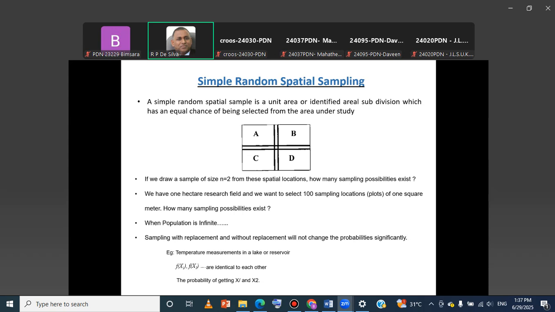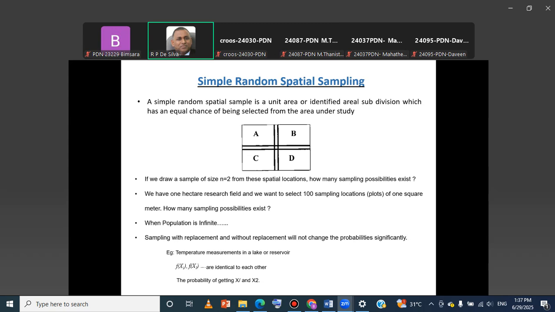If the number of sampling locations available is m and the number of samples you select is n, what is your equation for how many sample possibilities exist? M factorial divided by m minus n factorial. Remember?